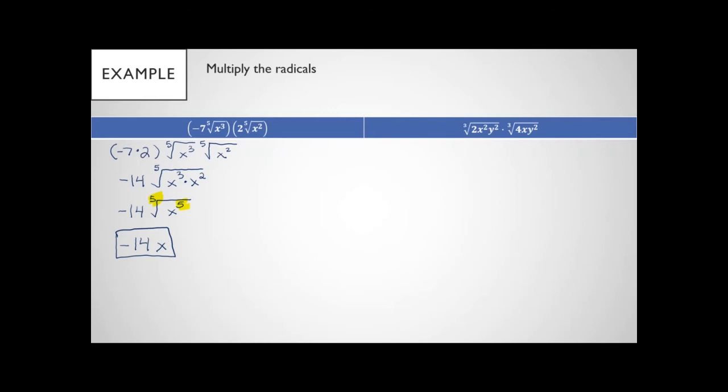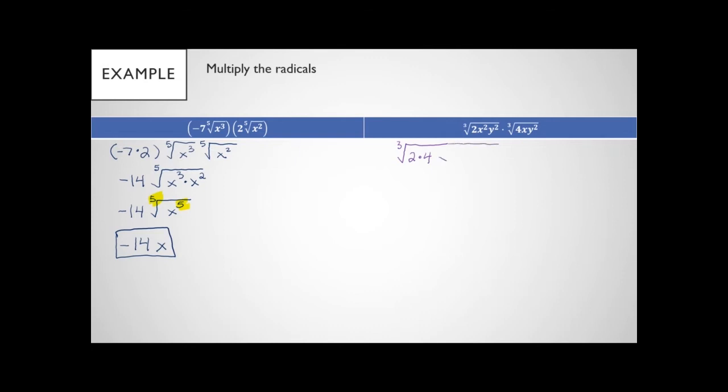Now on the right, there is a cubed root. So I want to group things in 3s, exponents of 3s. Now, I don't have any numbers in front, so I want to put these underneath the same root, but I am going to group the numbers together. So I've got 2 times 4, so I'm going to put those near each other.